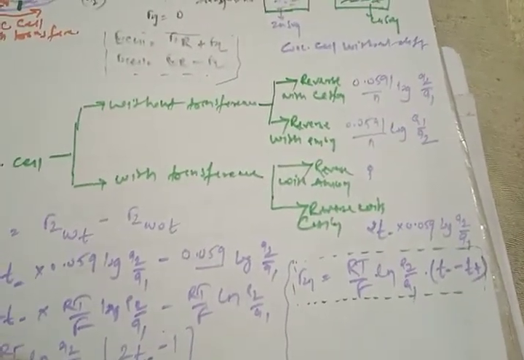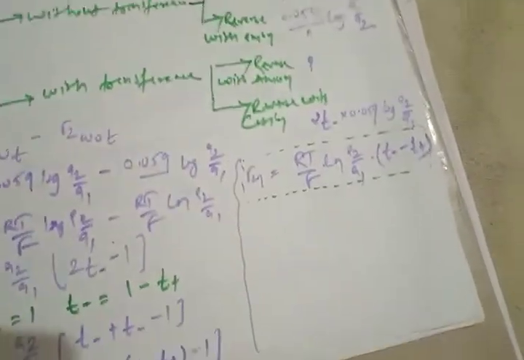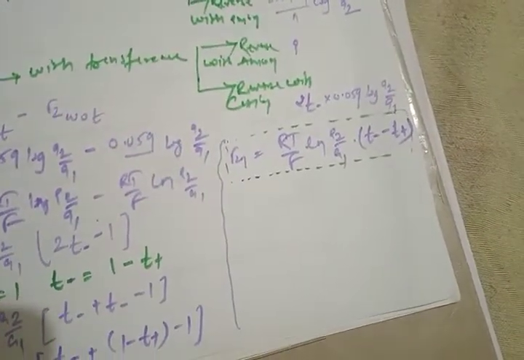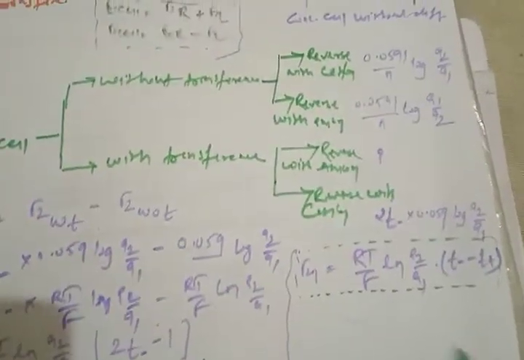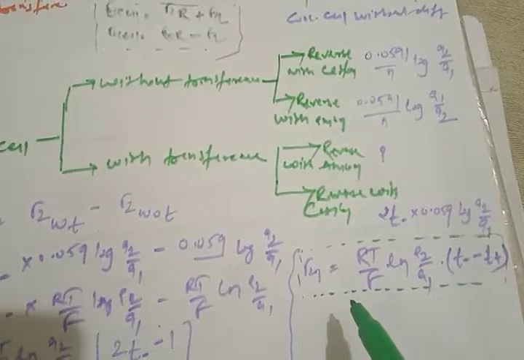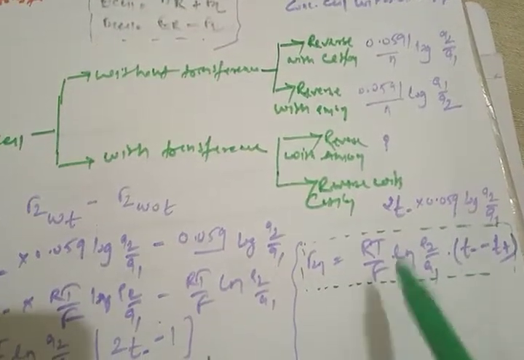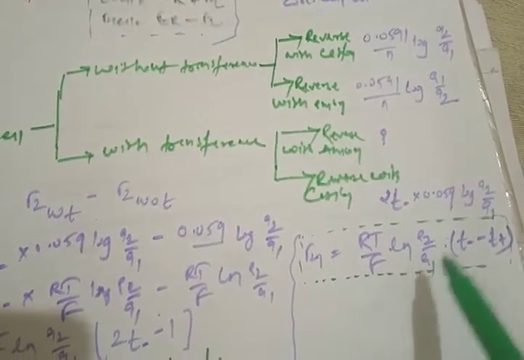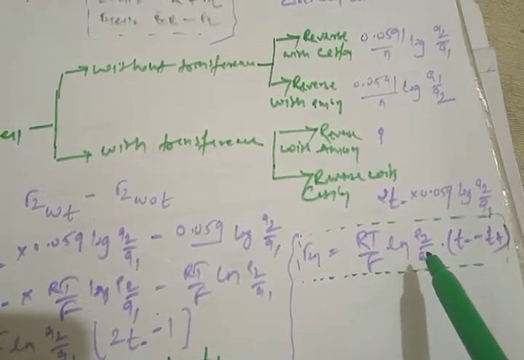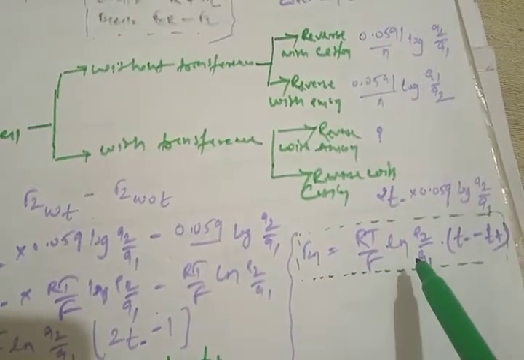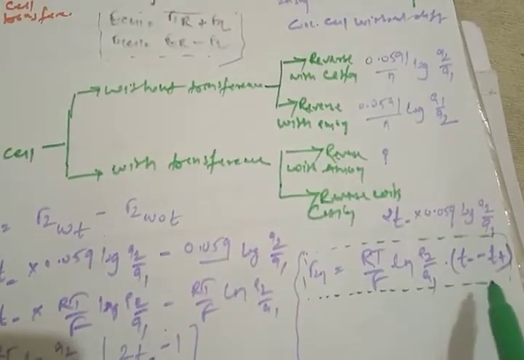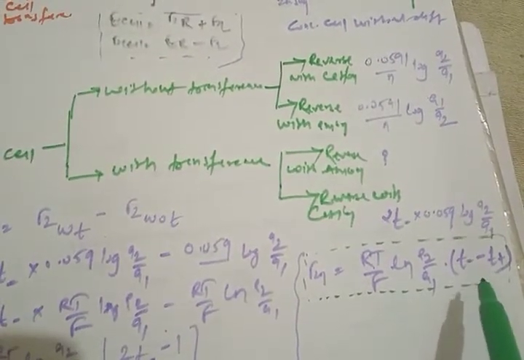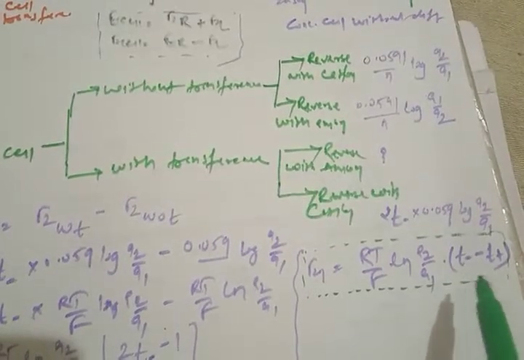Now what information can we gather from here? Here there are some things which we can gather. So what information is that? First, the liquid junction potential depends not only on the activity but also on the difference of transport number. Let's take another page.